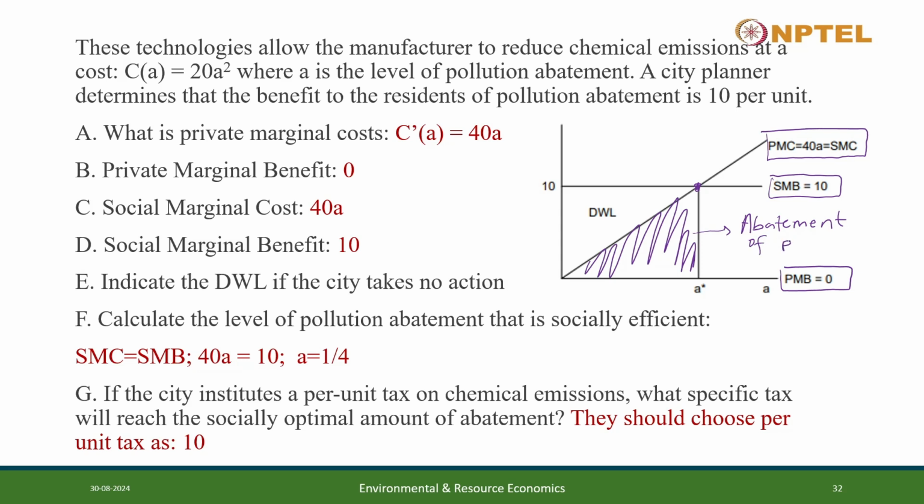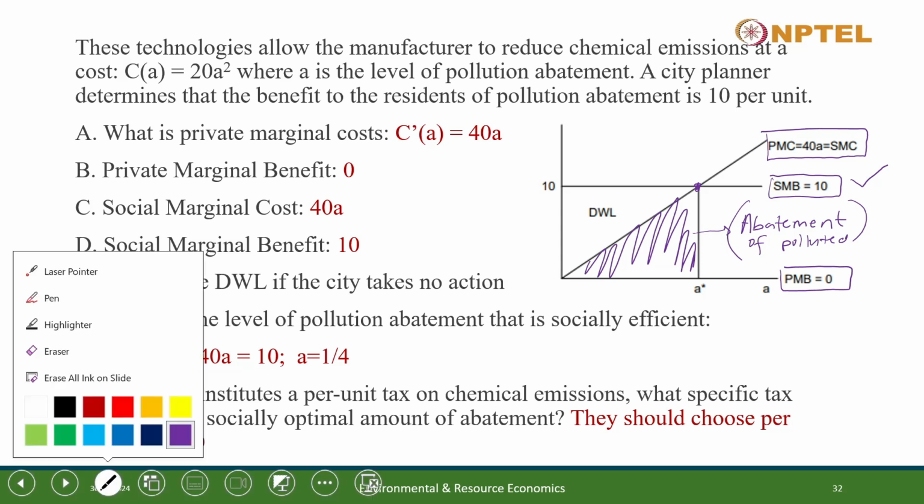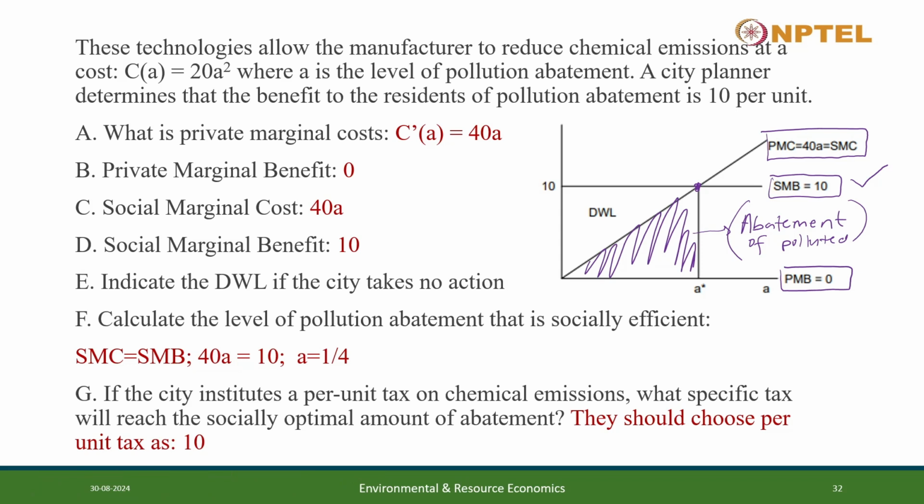Is it clear? So this will be abated by the firm, okay? However, if the abatement of pollution is not done, then this social benefit will not be happening, right? So, the total benefit, let's say this whole benefit minus the cost of abatement, this will give us the deadweight loss. So, the loss society is incurring because of no action or because there is no abatement of pollution.